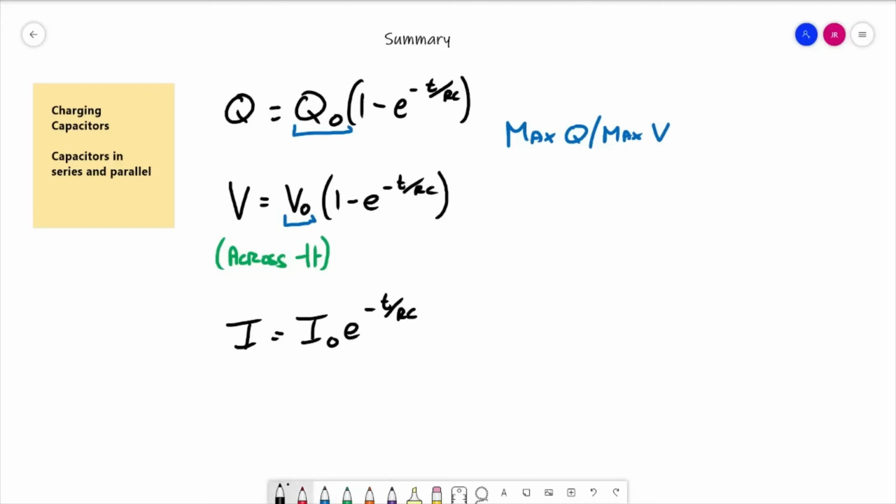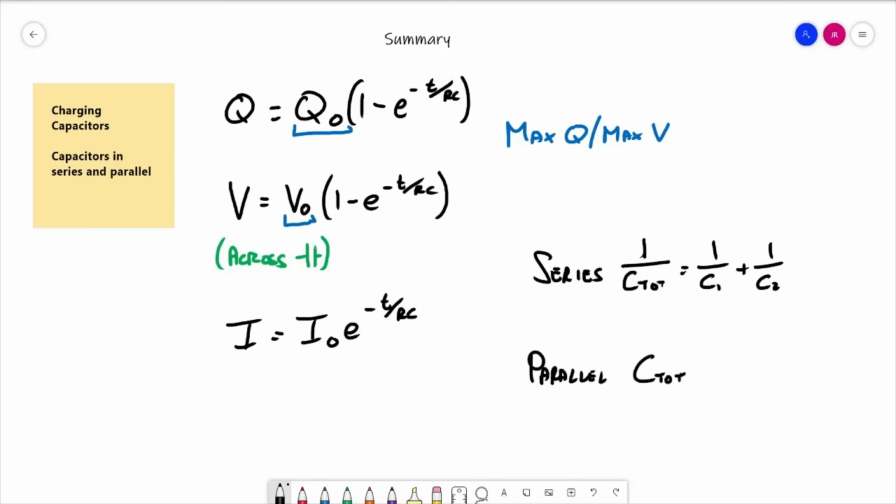And then finally for series and parallel, we said that if you've got capacitors in series, we use the reciprocal equation, so 1 over the total is 1 over C1 plus 1 over C2, and if we have them in parallel, C total is equal to C1 plus C2.